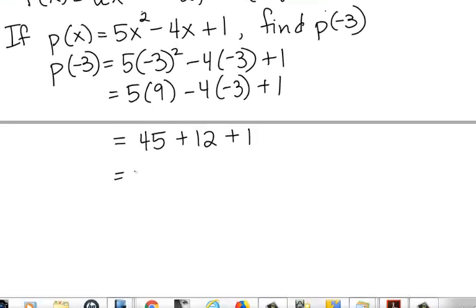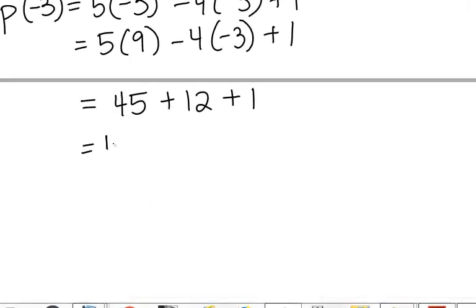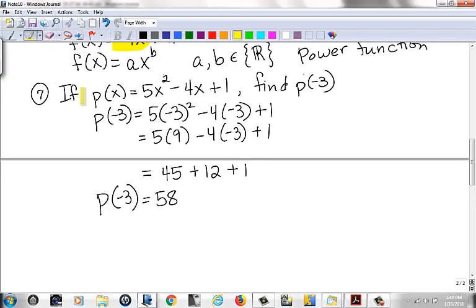And you'd end up with 58. And when you look at that, p of negative 3 is 58, and that's our answer. But this is another way to write an ordered pair. Because remember, the number inside is the x, and then this is the y. Okay. Final answer would be 58.